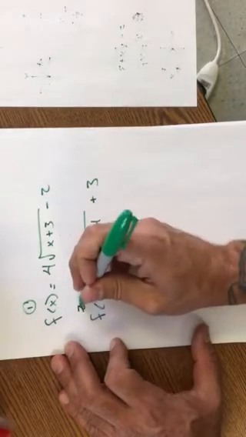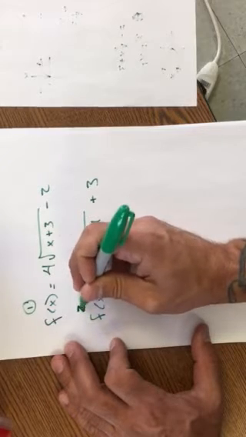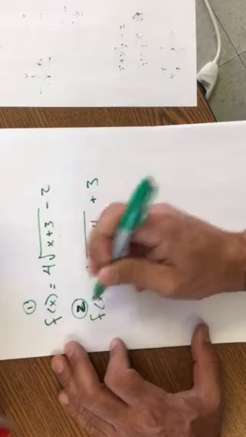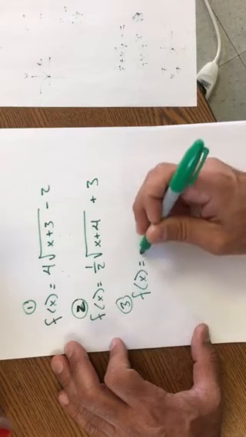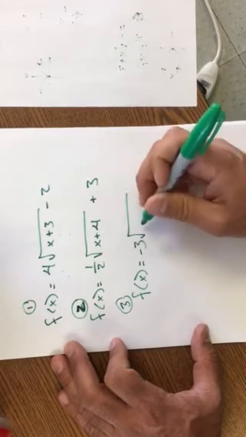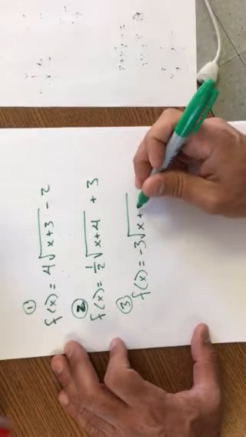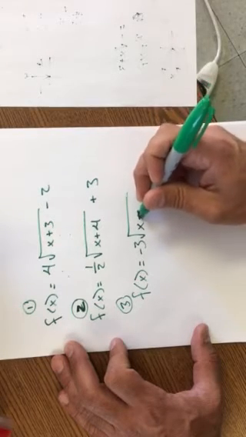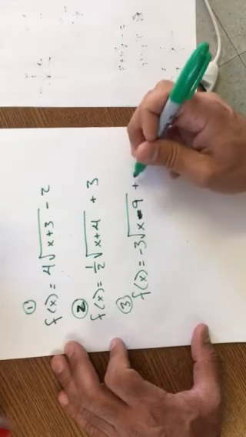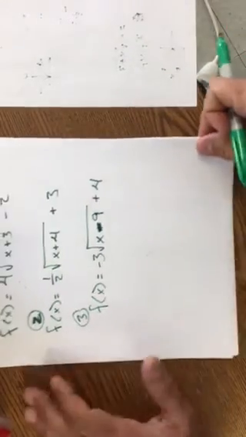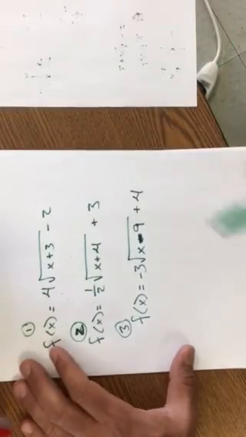This is number 2. And then number 3, -3 square root of x minus 9 plus 4. Okay, so I'm gonna actually do these with you.